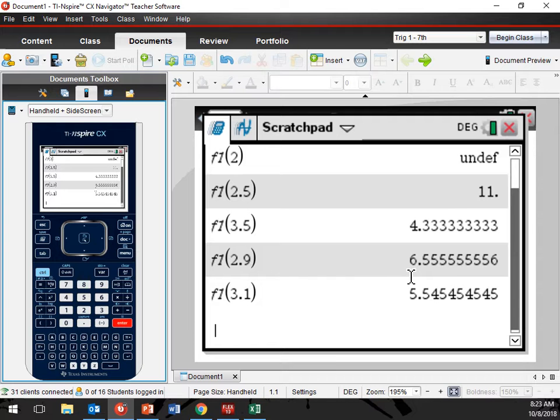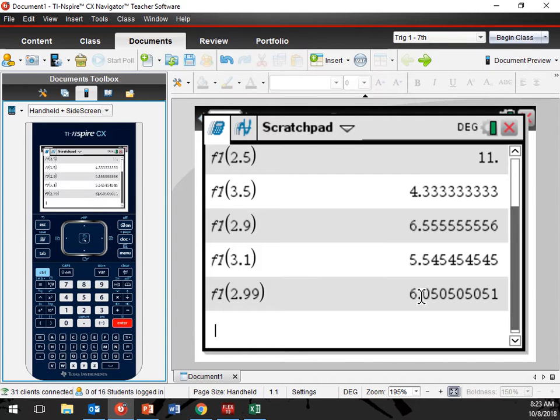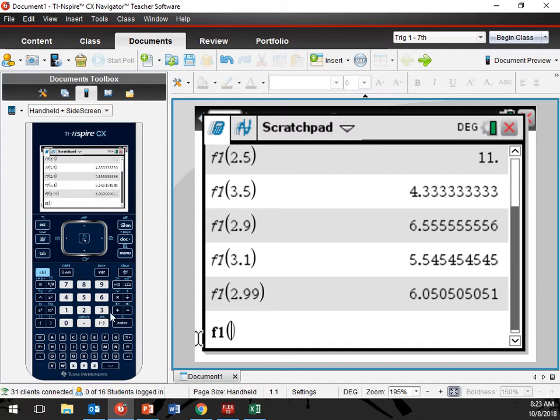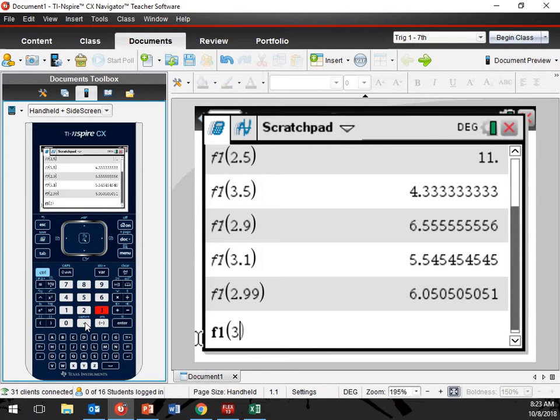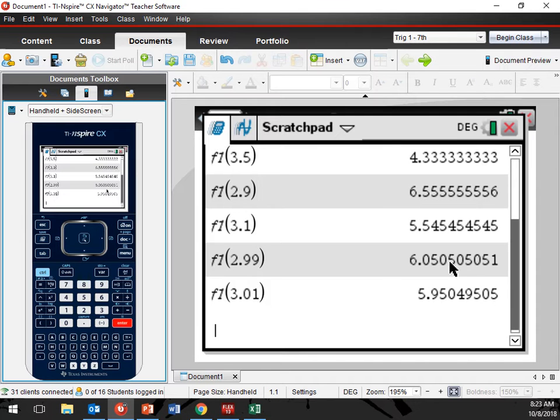So let's go more points. Vars, okay, 2.99. Ooh, getting close. The other side, 3.01. Okay, look, it is approaching 6.